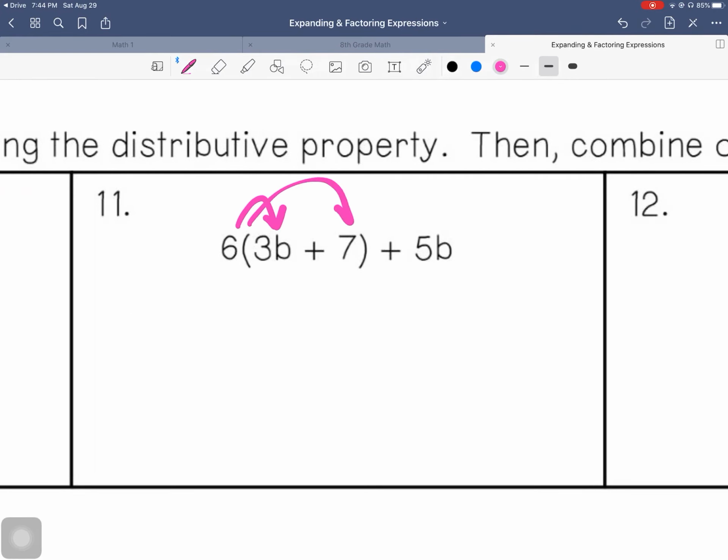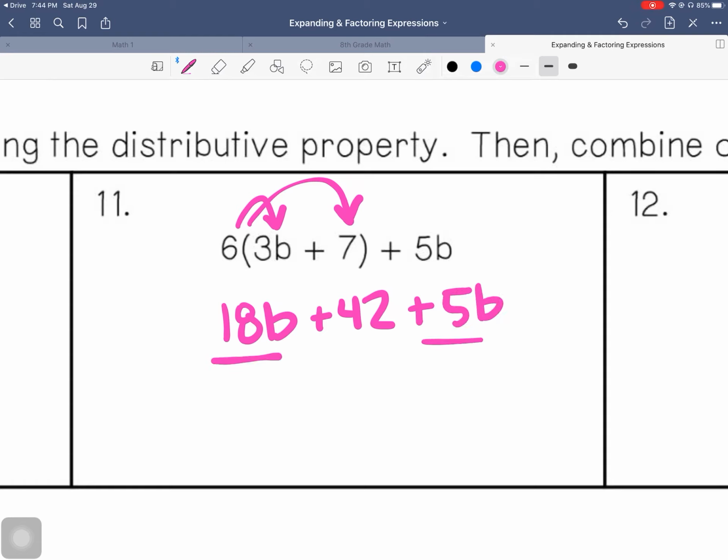We'll start with distributing the 6. I have a pair of like terms, 23b plus 42.